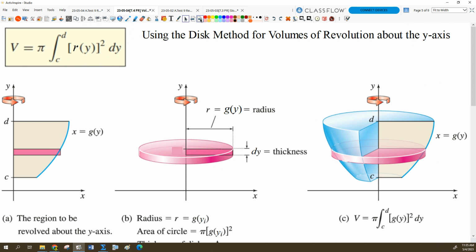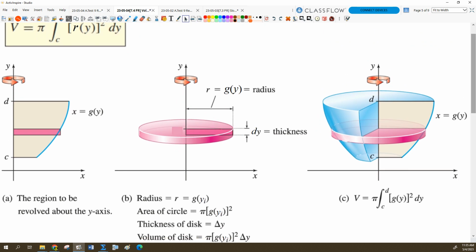So in this case, we're going to define our function as a function of y, x equals g of y, okay? And we haven't really talked much about that this year, but you've done a bunch of this in the past, right? And if I want to add up the area under the curve g of y, from c to d, what does that look like if I've got functions of y?